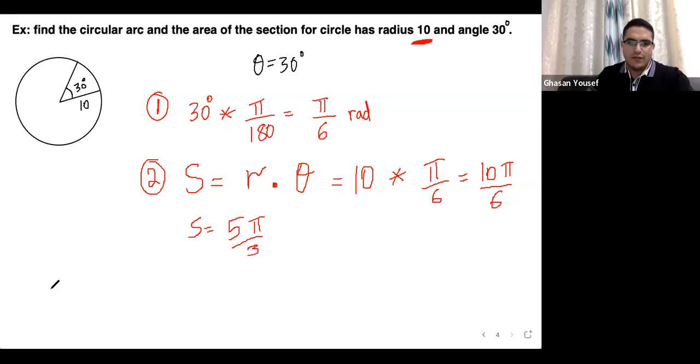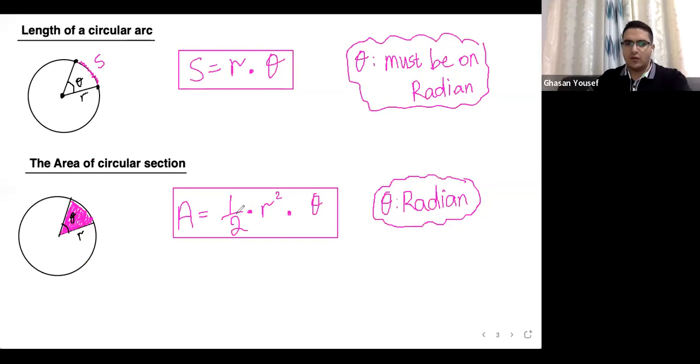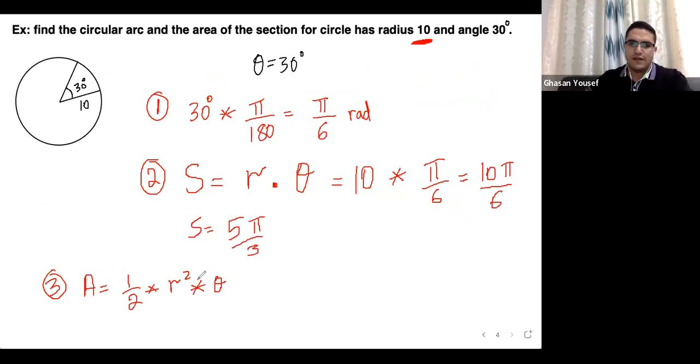Now, we need to find the area. What's the area of the circular section? The area formula equals 1/2 times r squared times theta. A equals 1/2 times r squared times theta. Now, what is the radius? It is again 10. What is theta? Must be in radian, pi over 6.